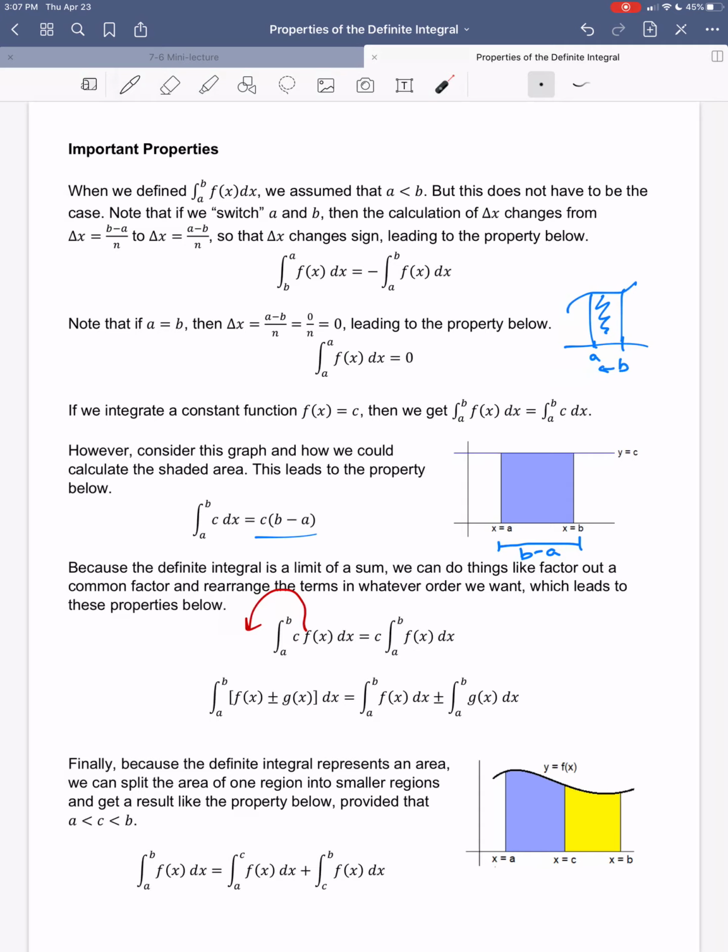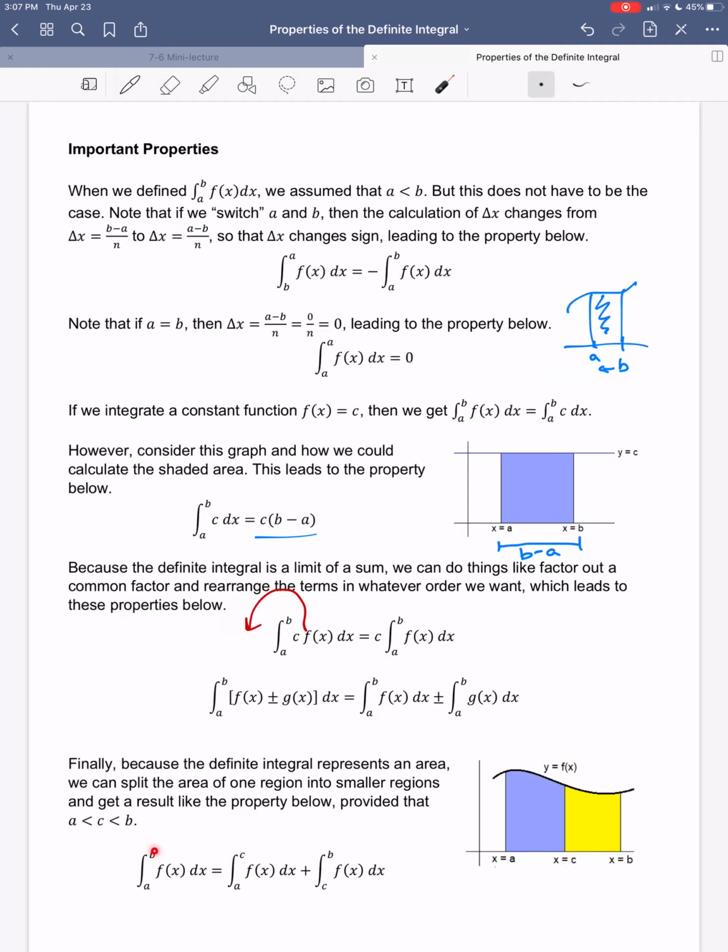And then finally, because this definite integral represents an area, we can split the area of one big region into smaller regions and get a result like this property below. We're assuming that a is less than c is less than b in this picture. So instead of going all the way from a to b and finding the total area, I could calculate the blue area from a to c and then the yellow area from c to b.